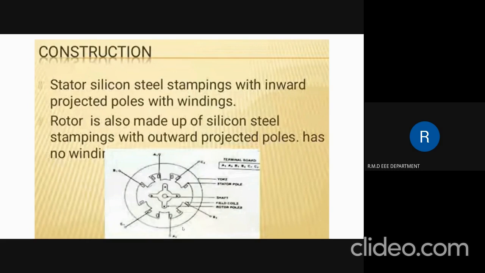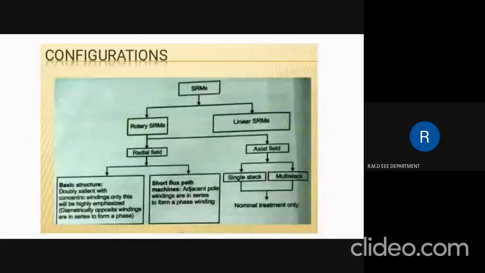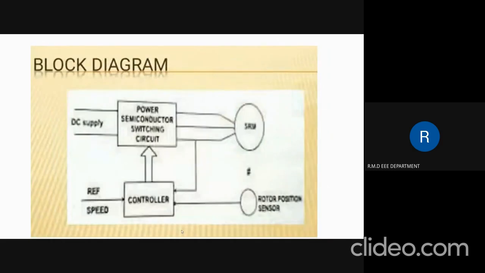The turning on and off operation of the various devices of power semiconductor switching circuits is influenced by the signal obtained from the rotor position sensor. And here, in this switch reluctance motor, the number of poles of the rotor is different from the number of poles of the stator.